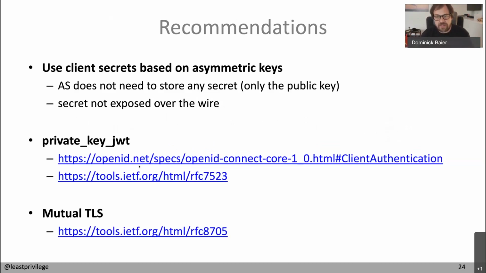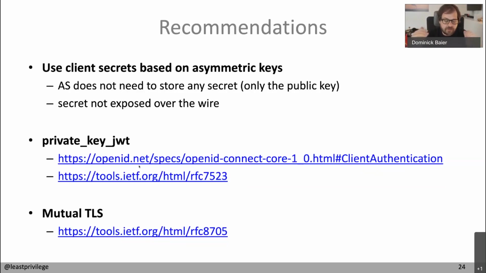Because it's not a secret; it's a public key. The client, yes, the client needs to store that secret securely. There's no way around that, regardless how you do it. And then, because you can prove knowledge of that private key by using a signature instead of transmitting the key itself, that secret is never exposed over the wire.